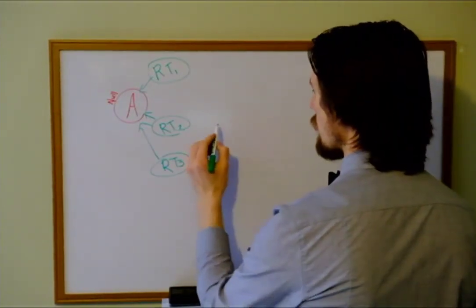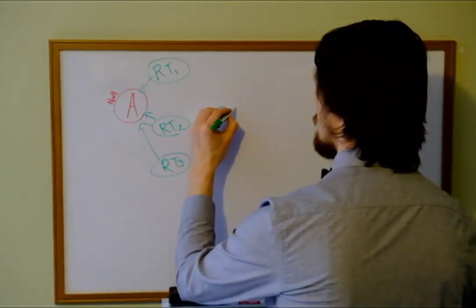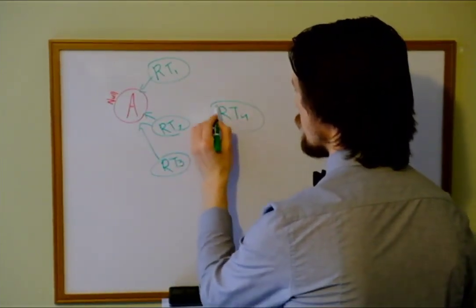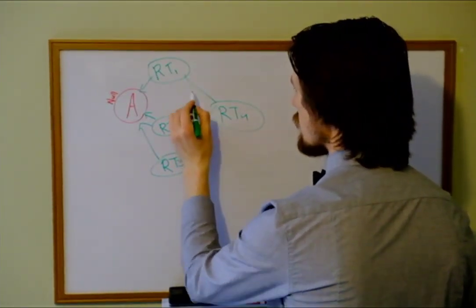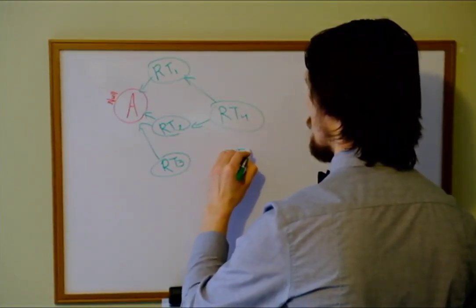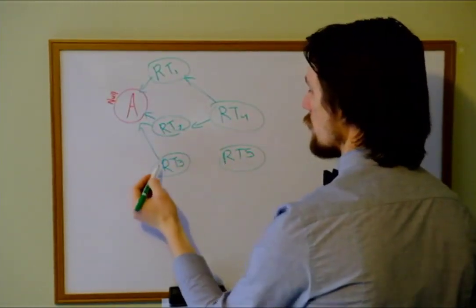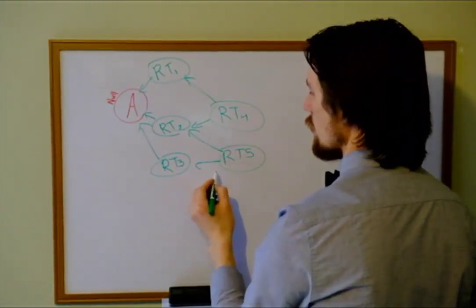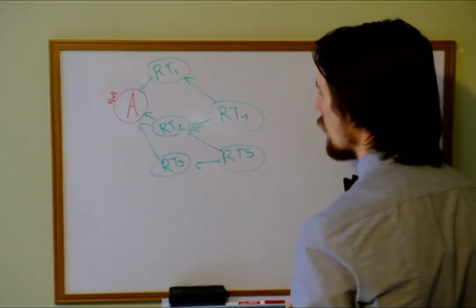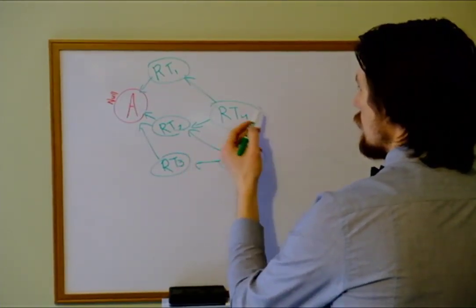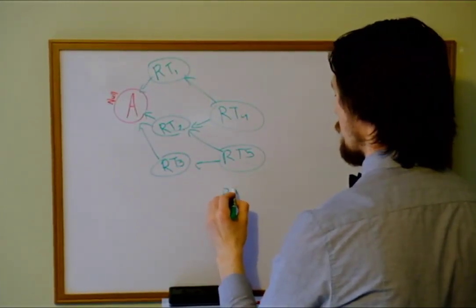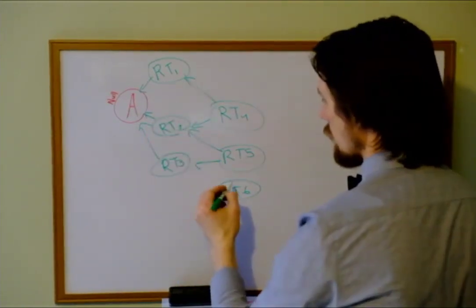Subsequent ones, maybe RT4 saw RT1 and RT2. It would point to both of these. Perhaps RT5 saw 2 and 3. So it's going to have 2. Perhaps RT6 saw all of them, all of these ones, but none of these.